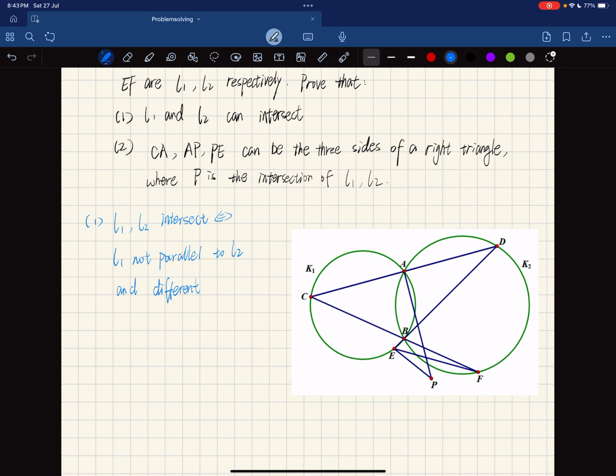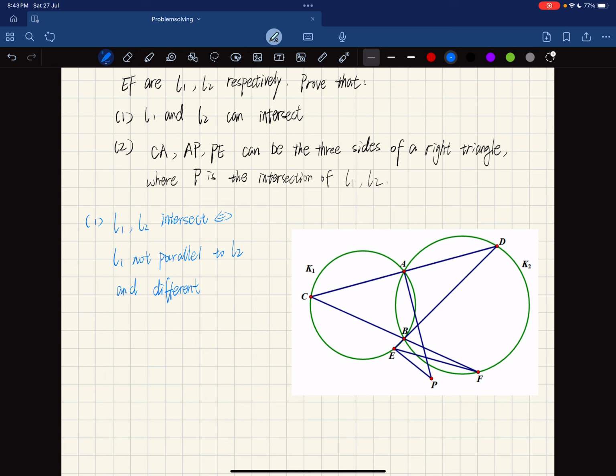Since we know L1 is perpendicular to the segment CD and L2 is perpendicular to the segment EF, what will happen when L1 is parallel to L2? It's quite easy, right? That means CD is parallel to EF.